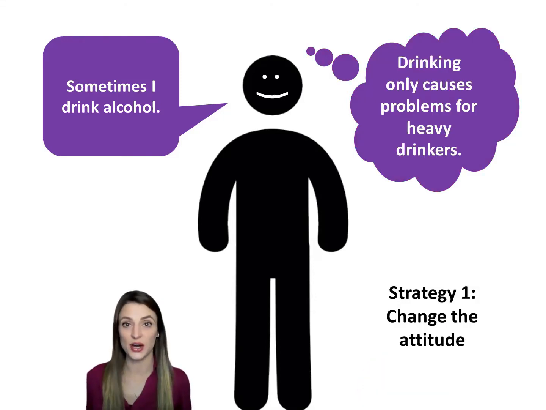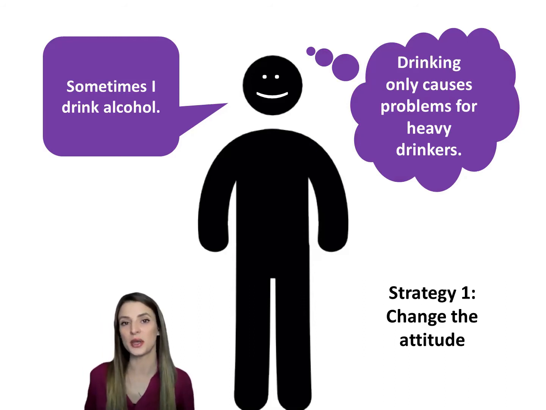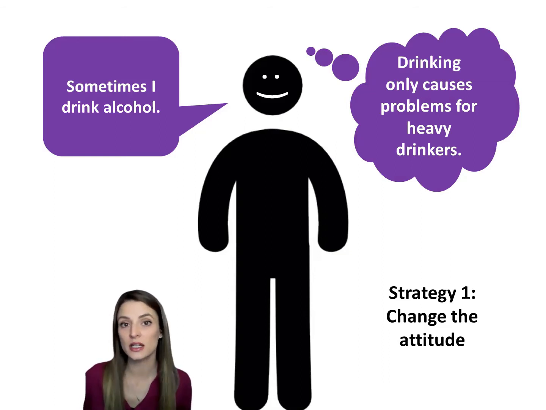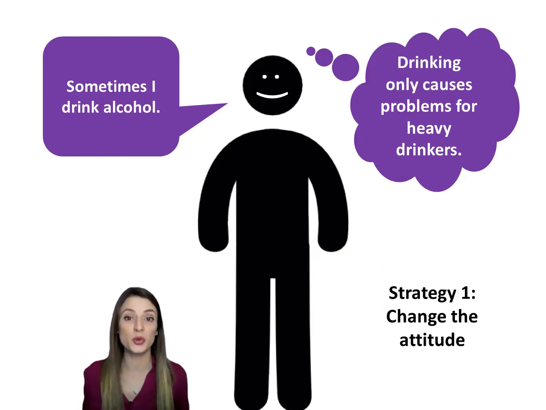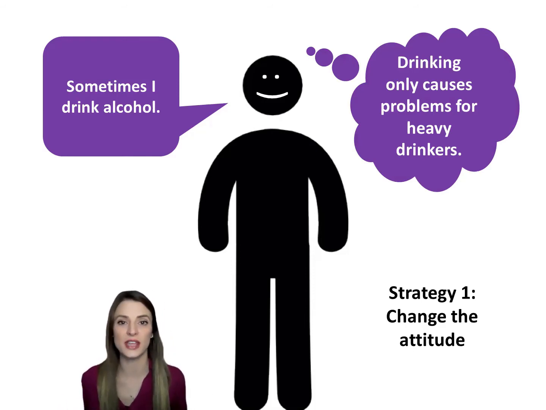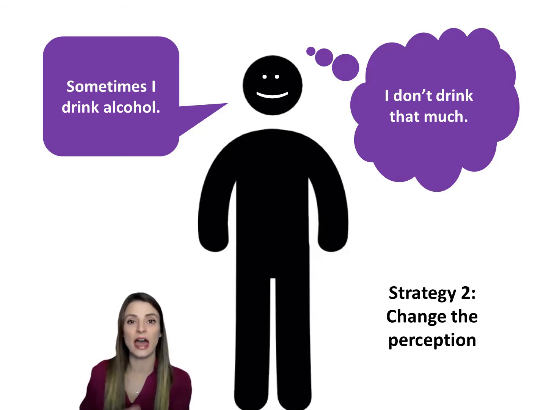To deal with this conflict, one of the things we might do is change the attitude, change the cognition. So we might say to ourselves, drinking only causes problems for people who drink a lot. While that may not be true, the fact that we're now thinking it aligns more with our behavior and reduces that tension. One of the other things we might do is change our perception of our behavior.